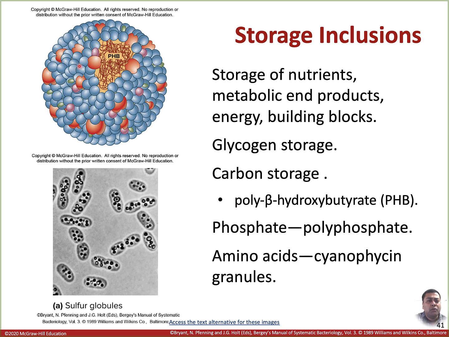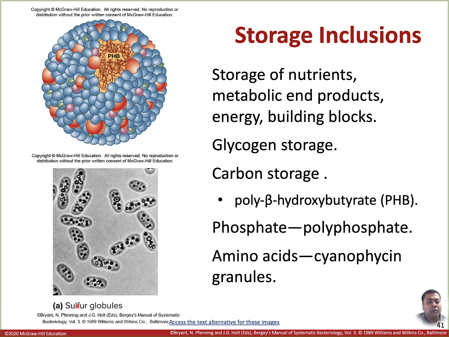Now, this particular structure for the storage of carbon is of interest to scientists, because a lot of scientists are trying to develop biodegradable plastic by using this polybeta hydroxybutyrate and similar kinds of structures as well. The phosphate can be stored as polyphosphate in granular form as well. And here you can see that sulfur globules are present as inclusions inside the cell as well.